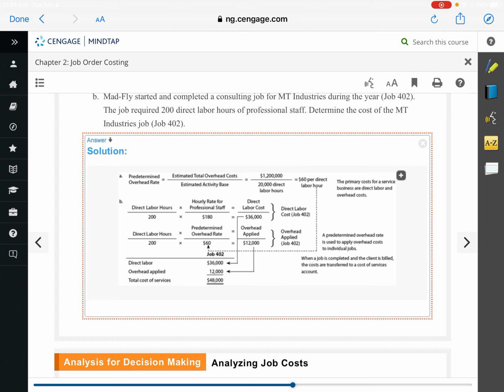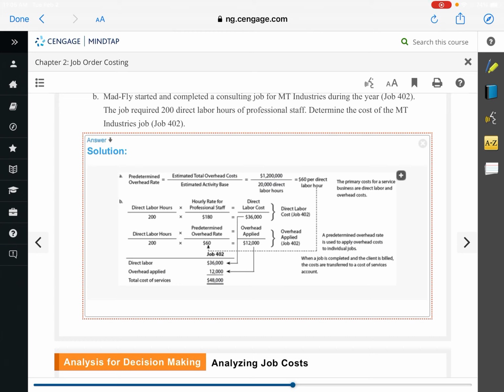All right. Analyzing job cost. Then they give us some different scenarios that I don't necessarily want to get into. So let's review. So that's all we've got for 2-4.